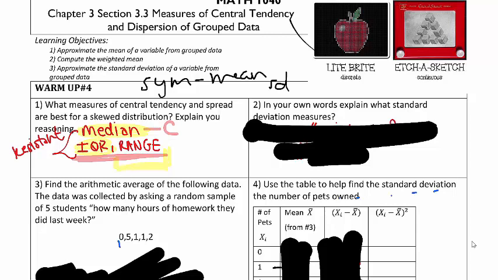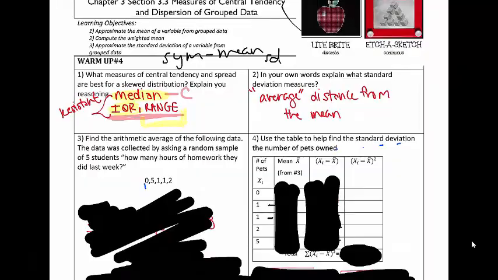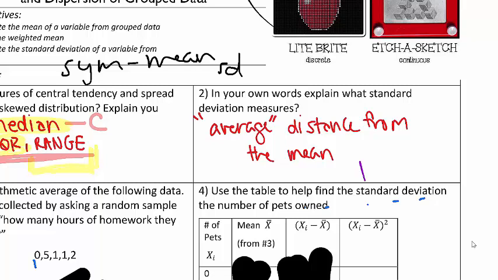Next, in your own words, explain what standard deviation measures. I'll go over this some more next week, but it's the average distance from the mean. The standard deviation formula is the square root of the sum of every value minus the average, squared, divided by the total.